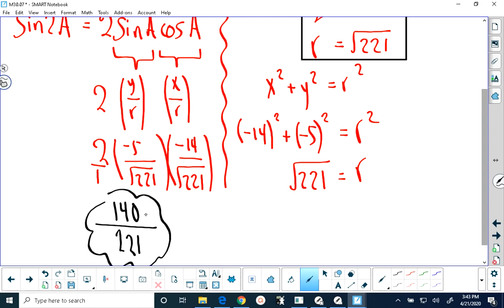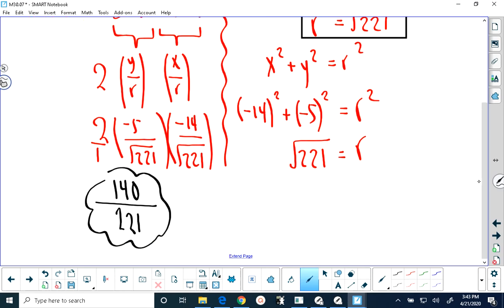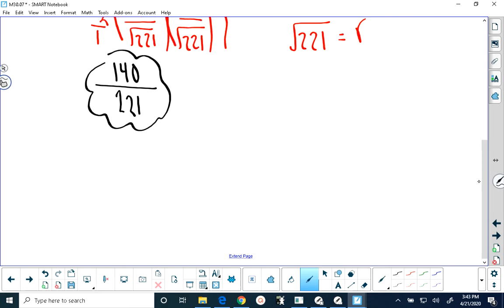Now, I want to address something just briefly here, because some of the students in this course will end up being confused about our answer. You were told that angle A is in quadrant 3. And that's why when we had x, y, and r, we made a decision that x was negative and y is negative.